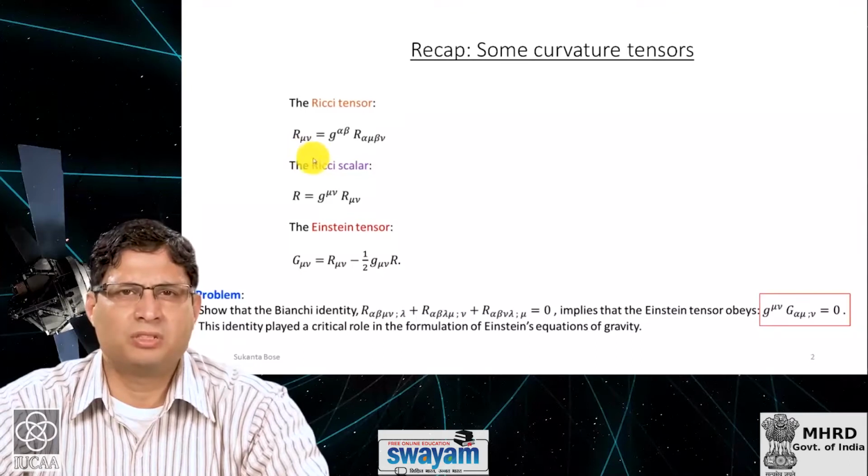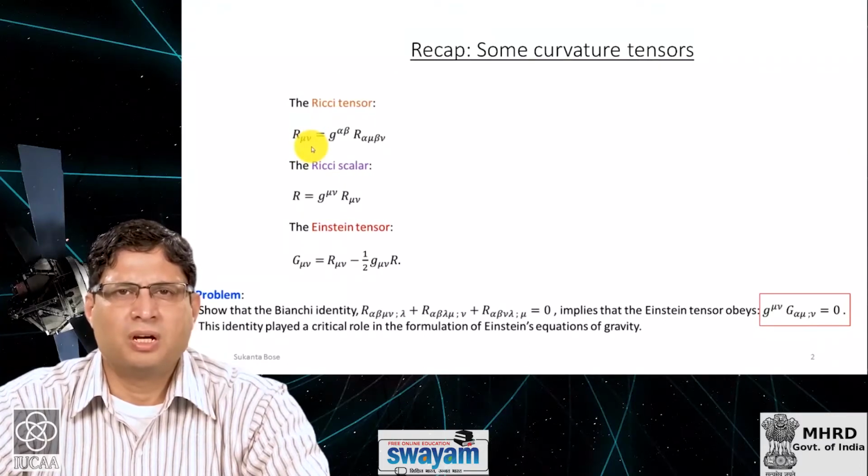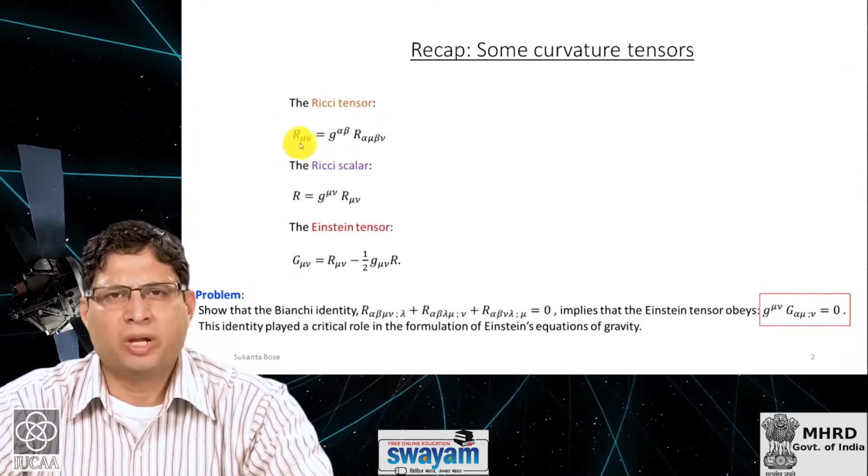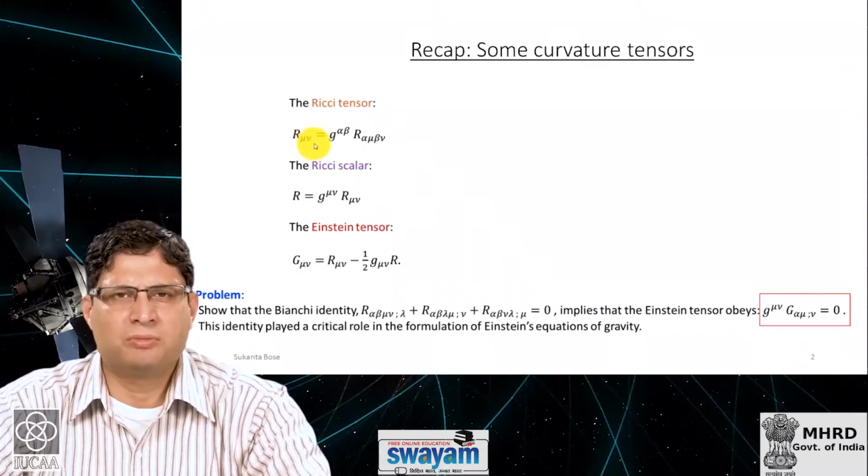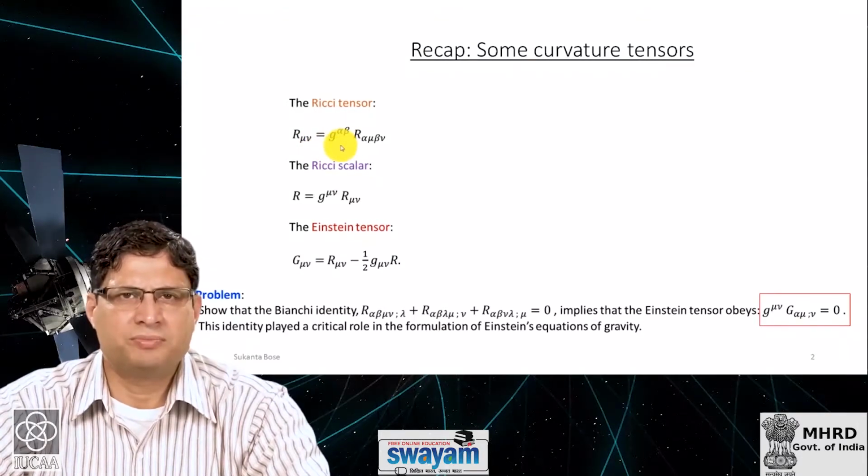Variously you will see some authors describe components of the Ricci tensor with these 2 indices both as superscripts. We know how to raise or lower these indices by the action of the inverse metric or the metric itself.